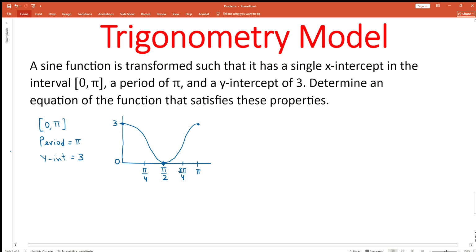Now we can analyze this full cycle to write the equation using the sine function. As per this sketch, the maximum value of the function is 3 and the minimum value is 0. We can use this information to find the amplitude and vertical translation for this function. The formula for amplitude is maximum value minus the minimum value divided by 2.